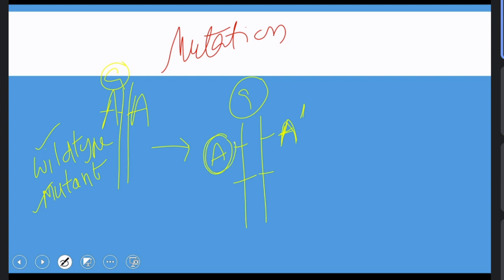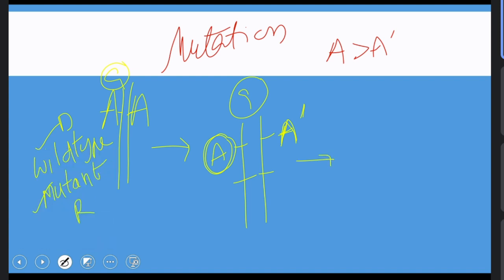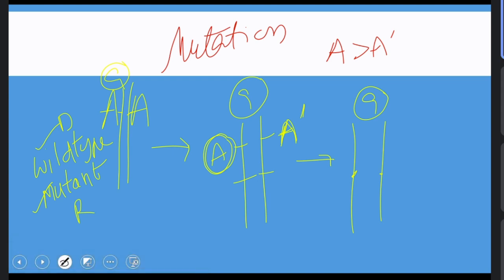So which one of these two is dominant, wild type or mutant? Wild type. So wild type is said to be dominant and mutant is said to be recessive. So here A is dominant over A dash. Now I gave birth to my son, and my son, after reaching marriageable age, again had the ninth chromosome.